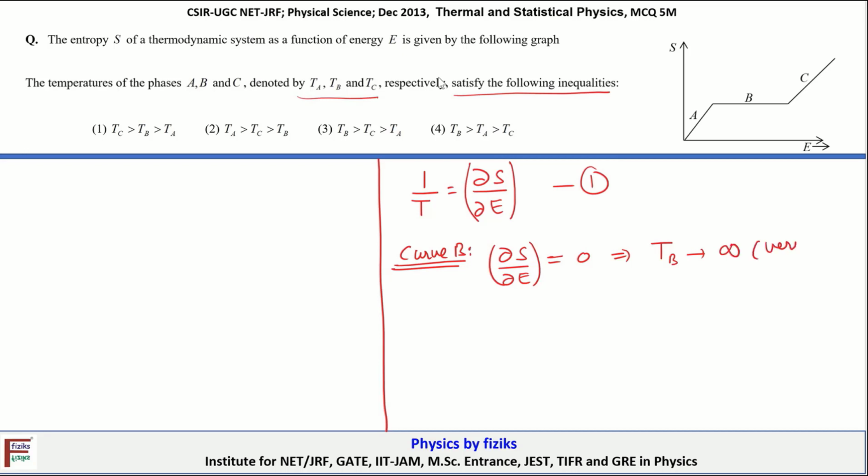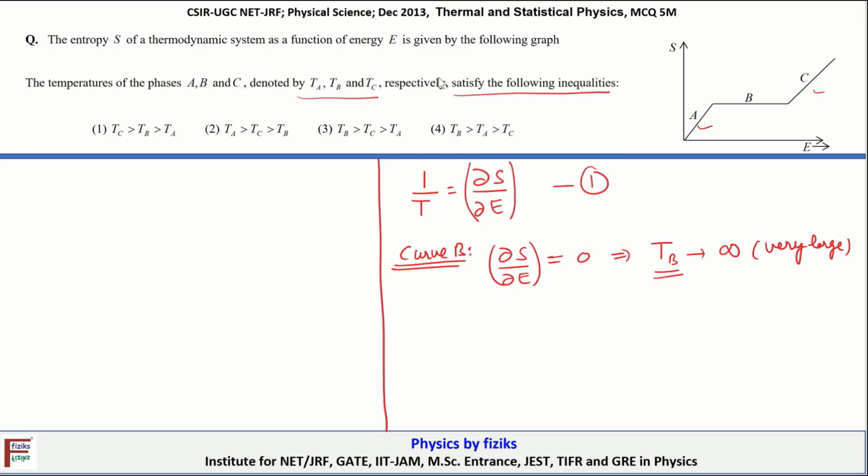And this temperature is going to be larger than TA as well as TC, because curve A and curve C have finite values for the slope dS by dE. So TB is going to be largest of all these three. Now we have to make a choice between curve A and curve C, that which one is having smaller or larger slope.